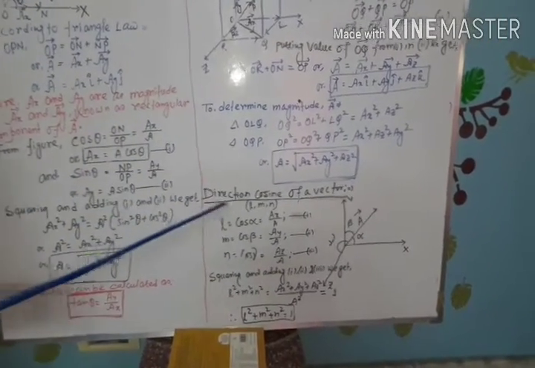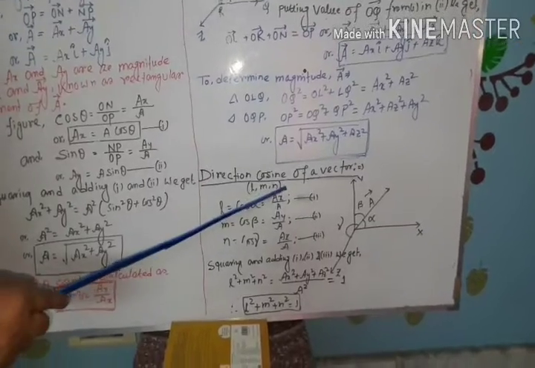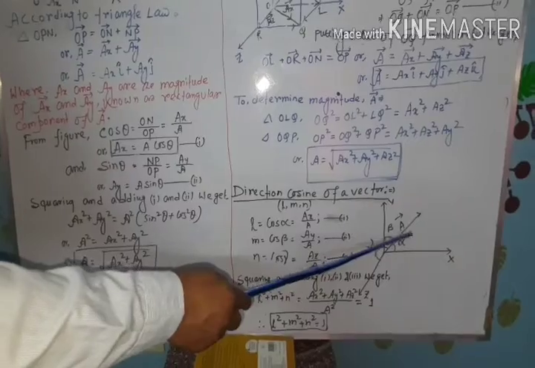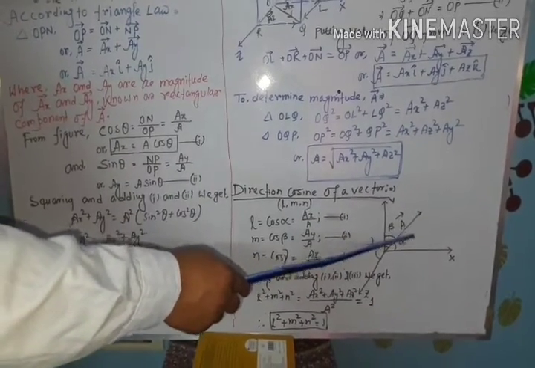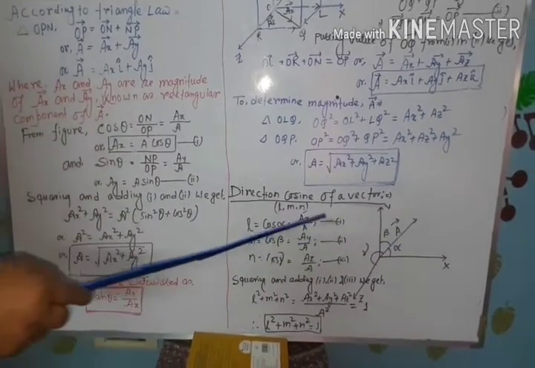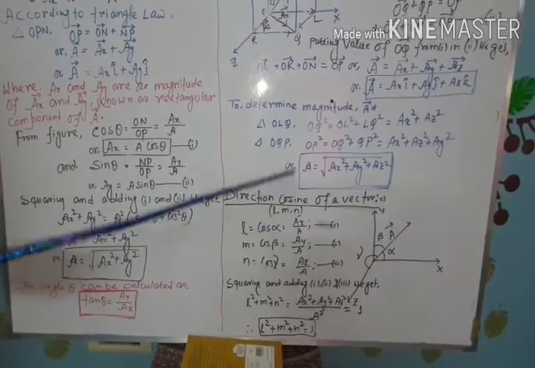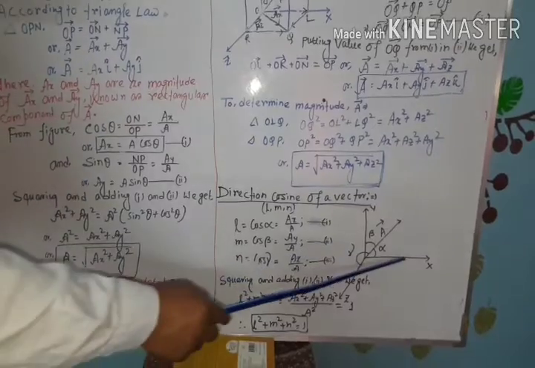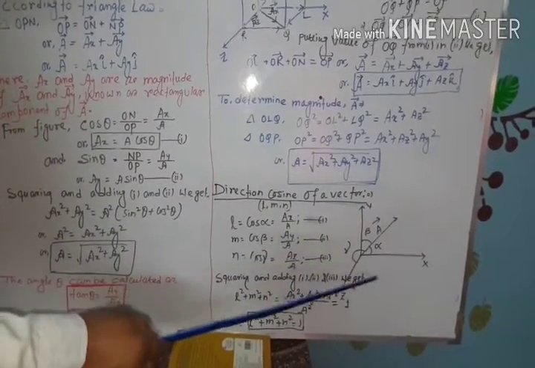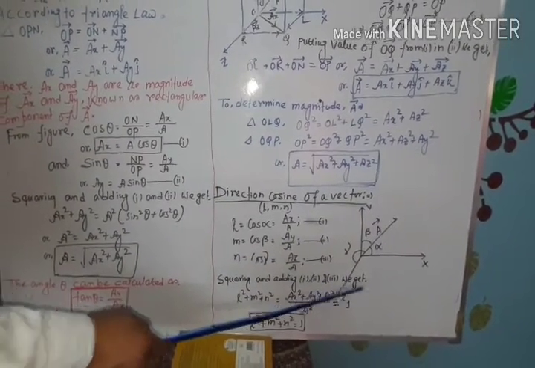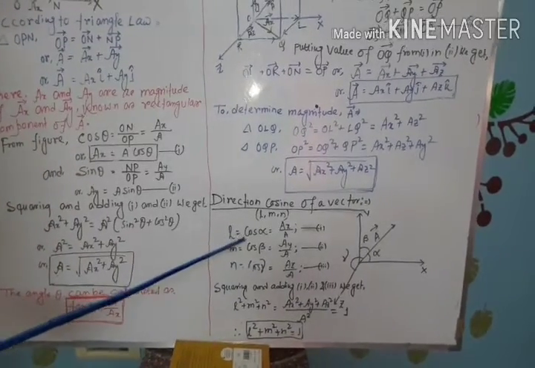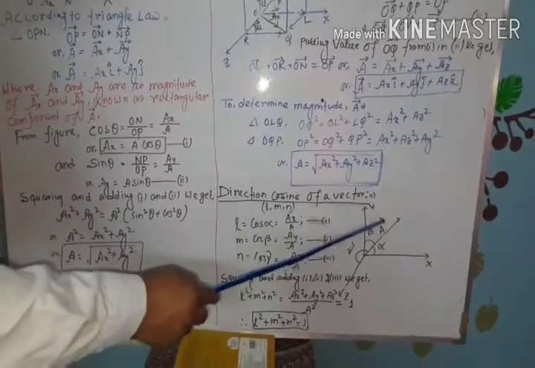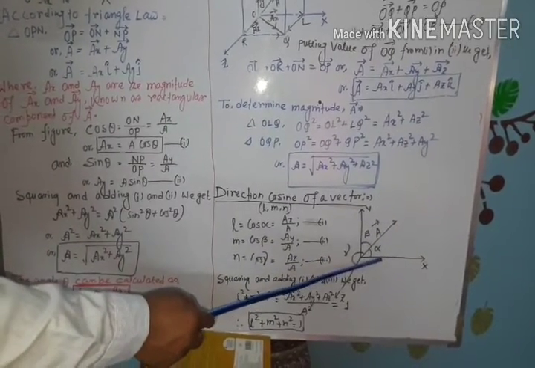We consider l, m, n are the direction cosines of the given vector A. Direction cosine means cosine of the angle a vector makes with the x-axis, y-axis and z-axis. Therefore l is equal to cos alpha, where alpha is the angle made by the vector with the x-axis.